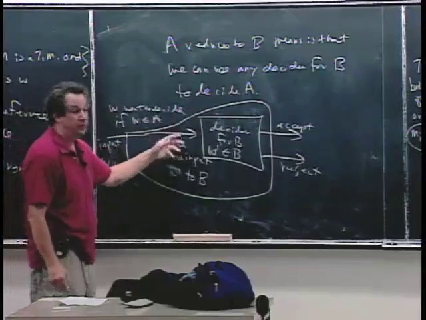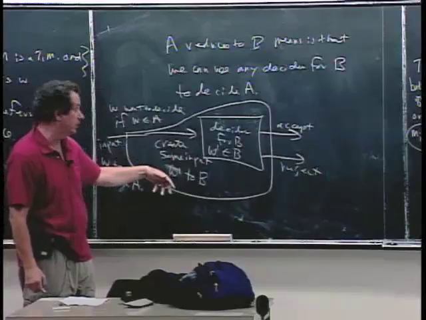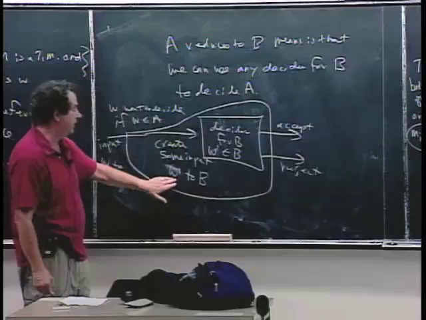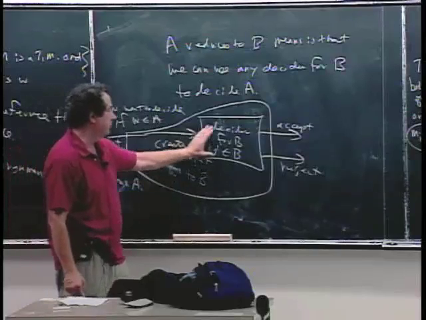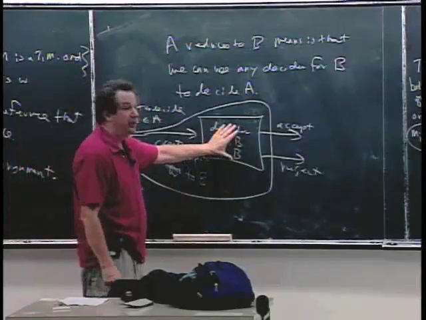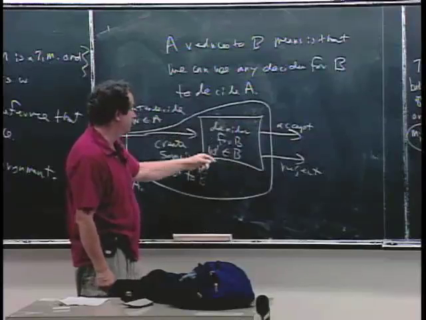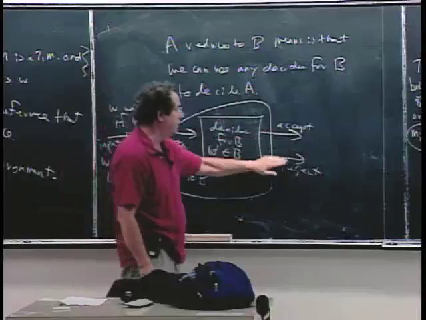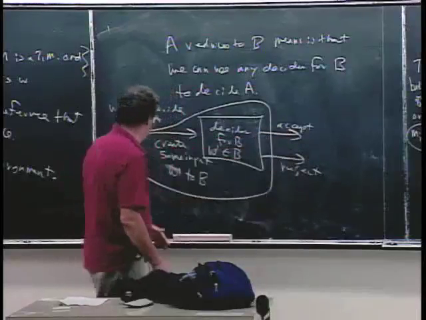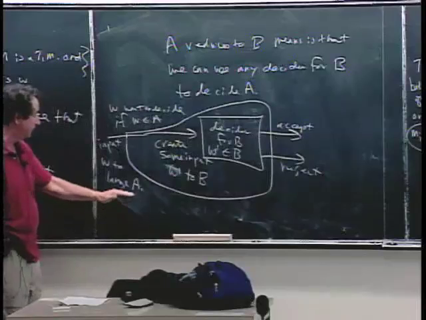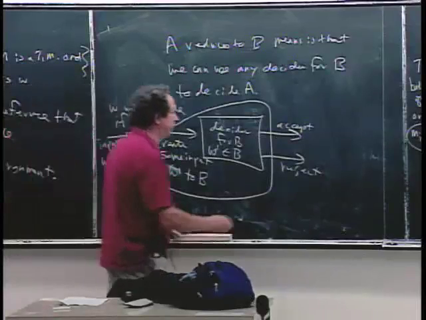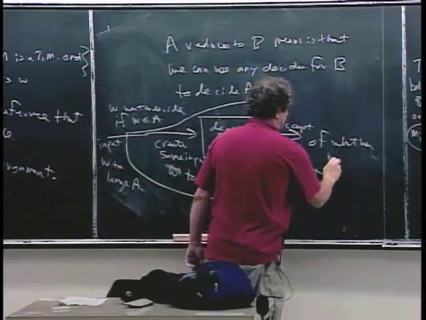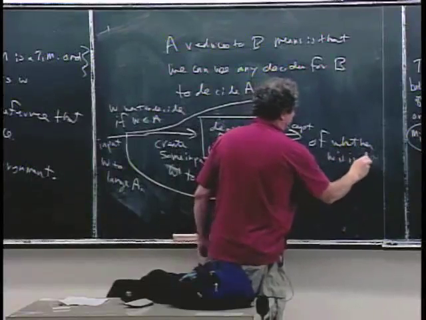This is the transformation or the reduction that happens here that takes W and does something to create another input W prime, which is input form for B. The decider for B decides whether W prime is in B, and accept or reject, but that accept or reject has the meaning of whether W is in A. Okay?